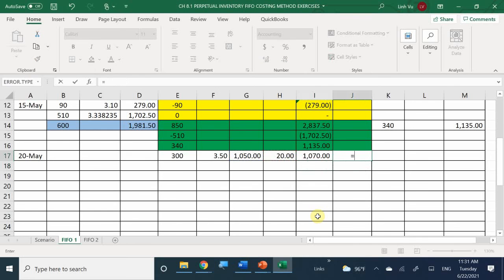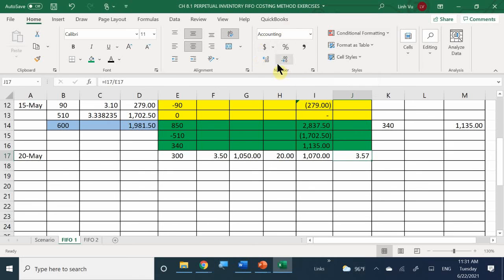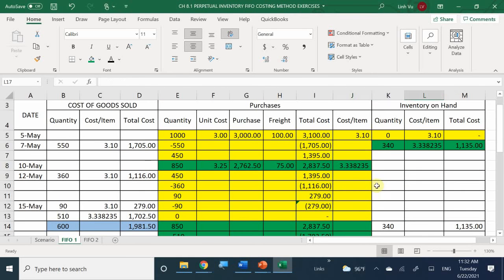Divided by 300, I got 3.566666, which is 3.567. Good. And what I'm going to do is I'm going to put it right here, right underneath my green batch.